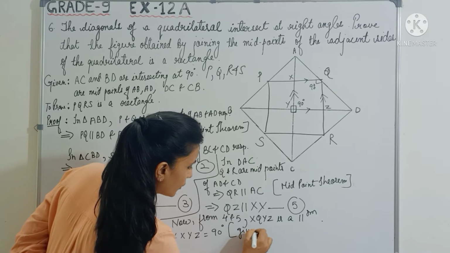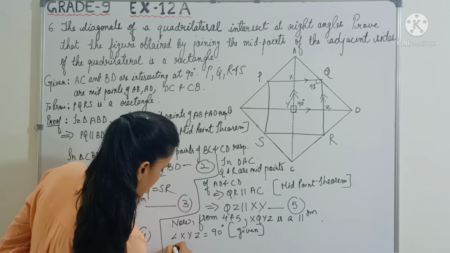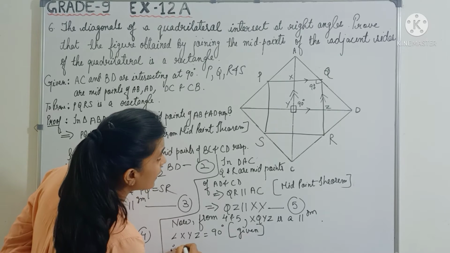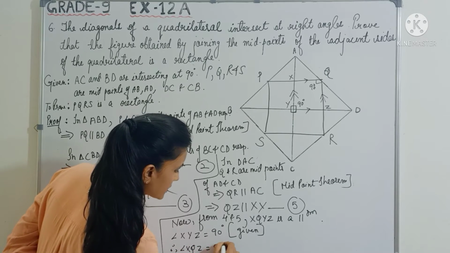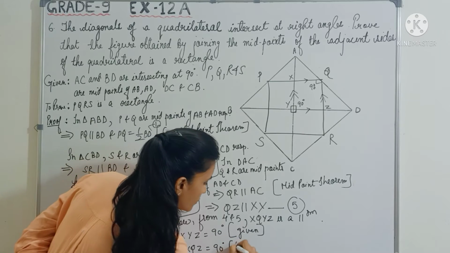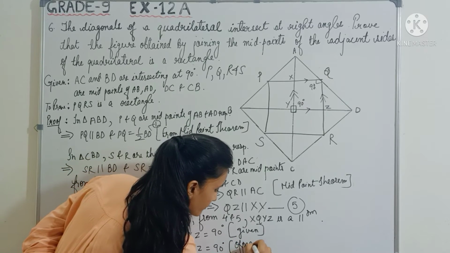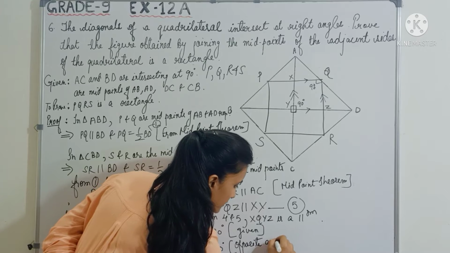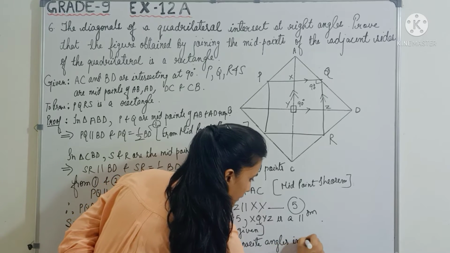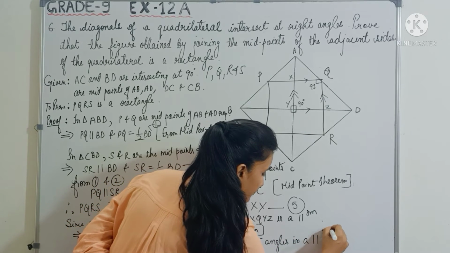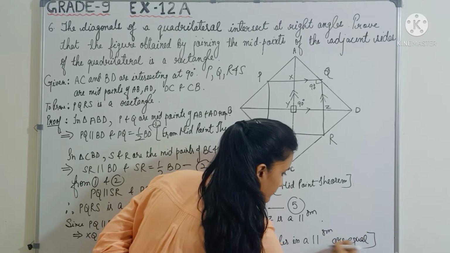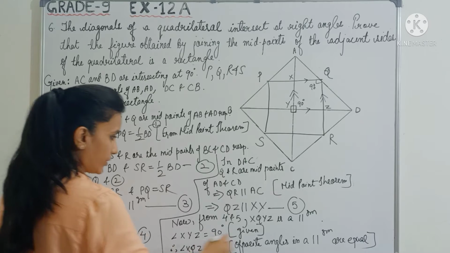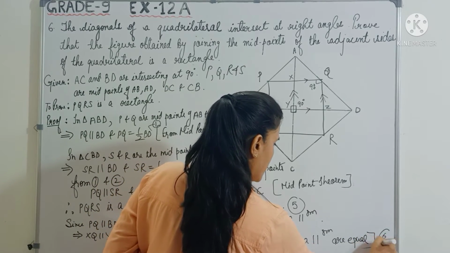It is given in the question. Therefore, even angle XQZ will be 90 degrees. Why? Because opposite angles in a parallelogram are equal. Alright, you can take this as 6.